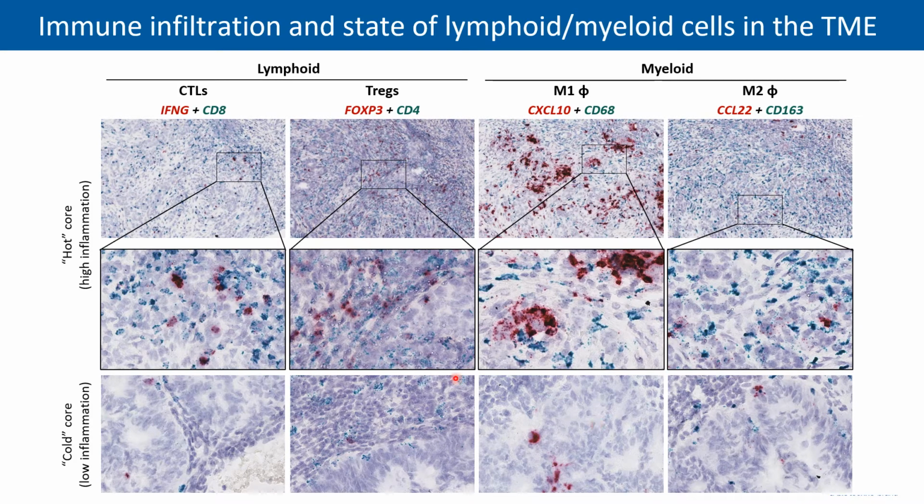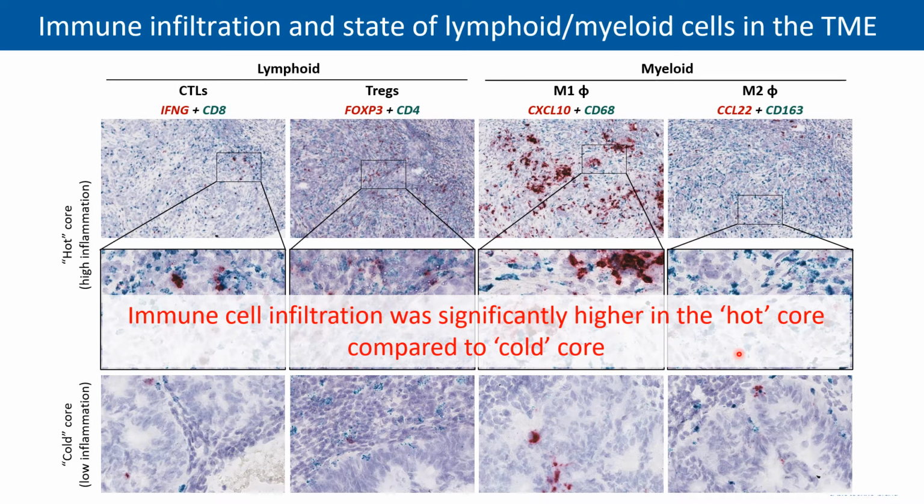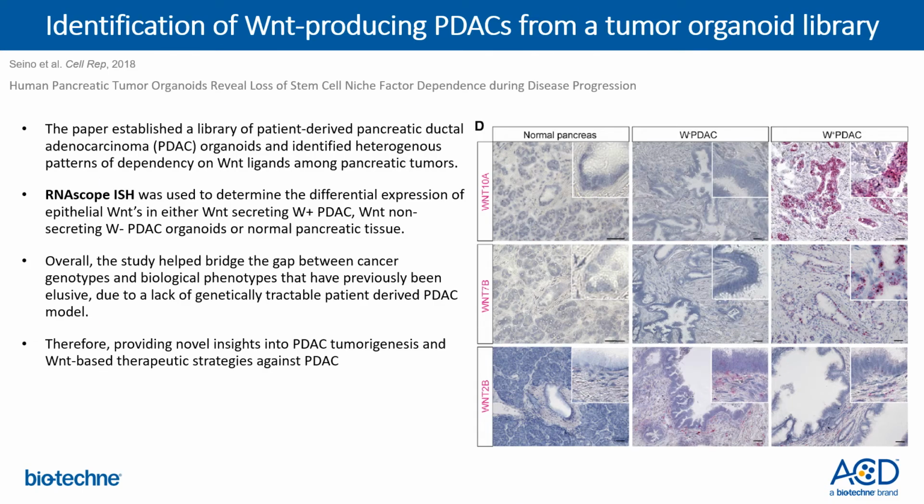So this indicates that with this technology, we can identify and visualize these soluble markers and establish which tumors have high inflammatory signature compared to others, which might provide some clues as to the therapeutic efficacy of some of these immune checkpoint inhibitors.